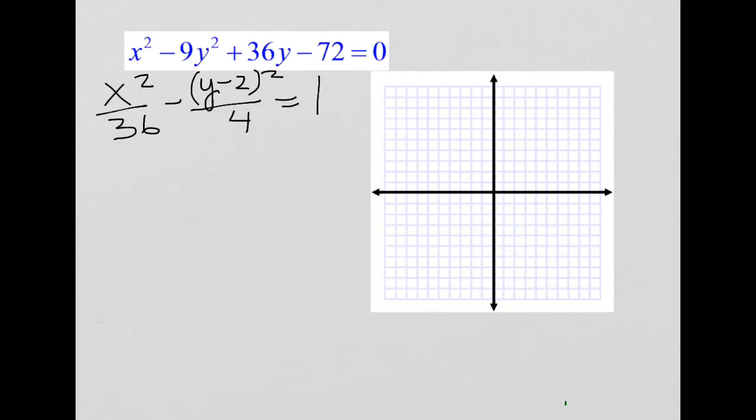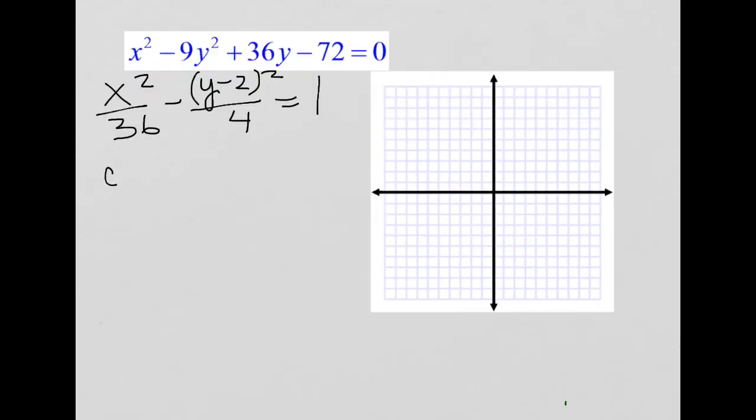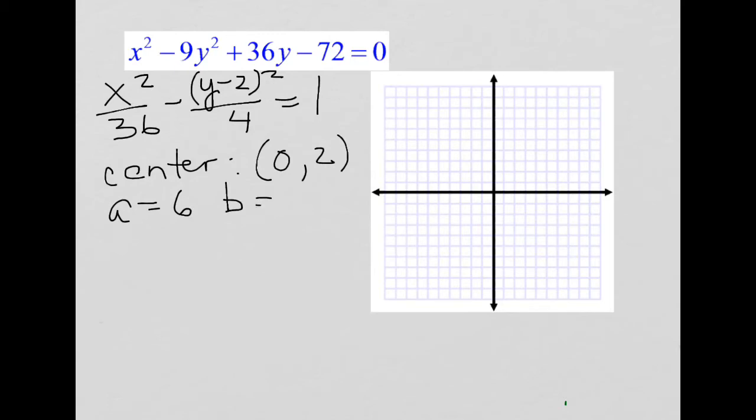Okay, now we're ready to find the center. The center is 0, 2. That's our h and k. Now, we also know that A equals 6 and B equals 2.